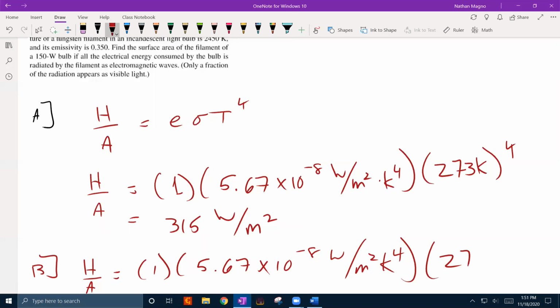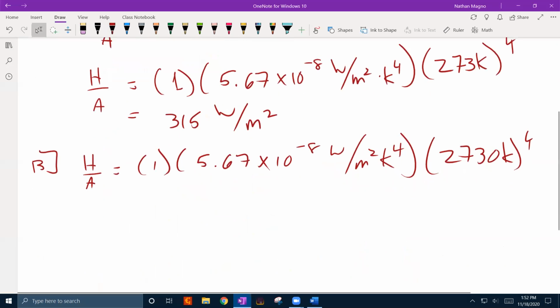And this time 2,730 Kelvin. And that's going to equal 3.15 times 10 to the 6 watts per meter squared.